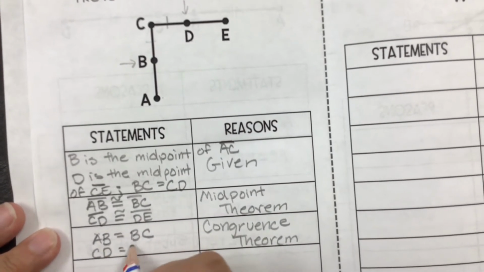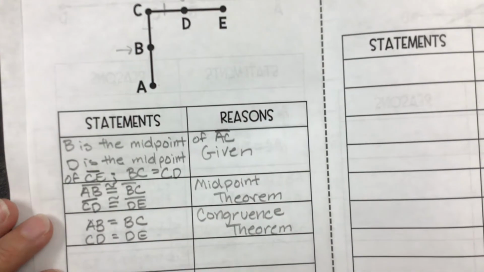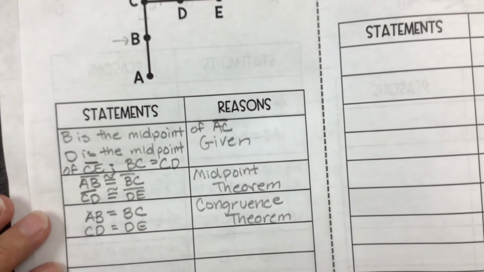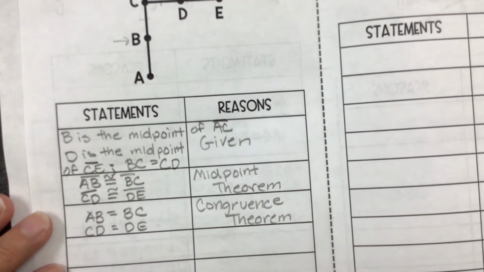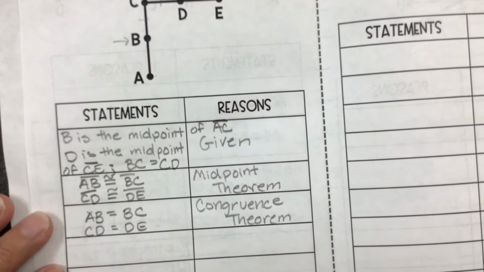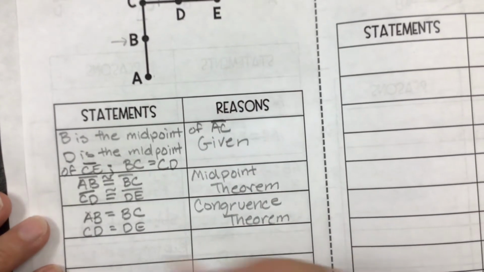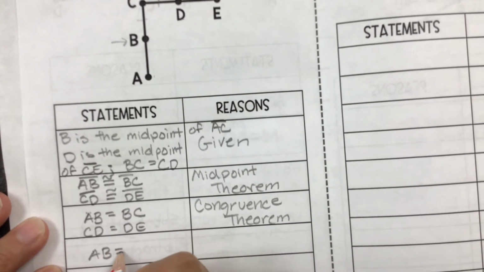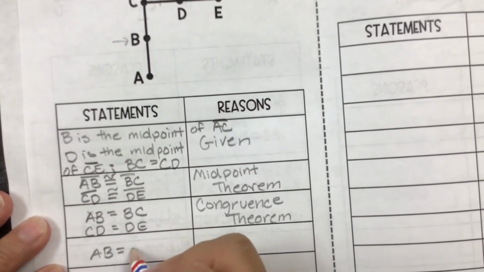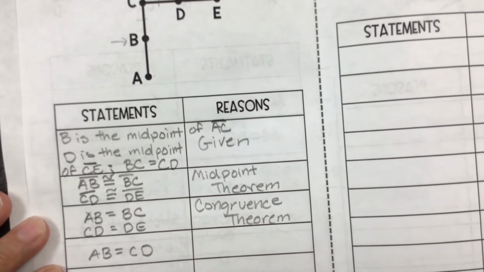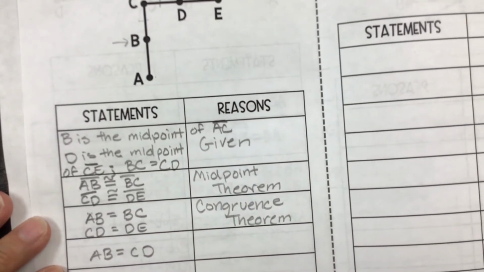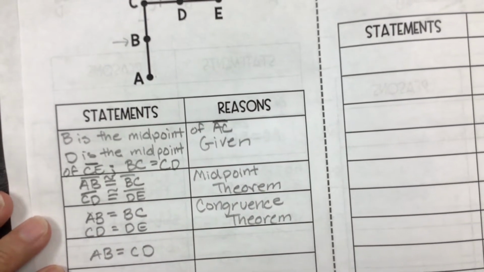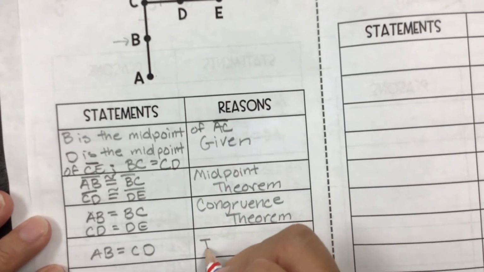CD is equal to DE. Now I'm going to write that AB is equal to CD. How did I get there? By the transitive property.